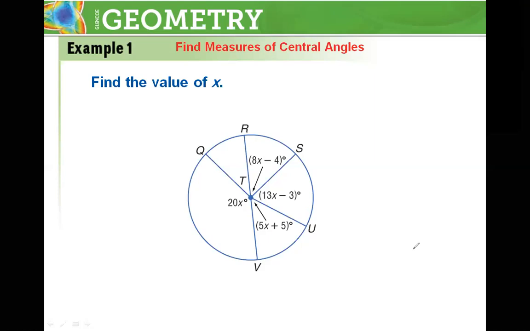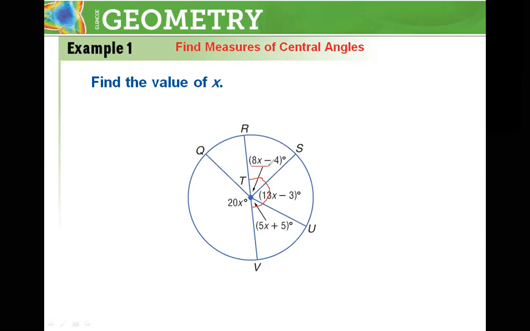Okay, I'll go to Mishari. Hello, Mr. Mishari, the sum of the three angles RTS, STU, and UTV equals 180. It means these three angles equal 180, half the circle, because this is a diameter.